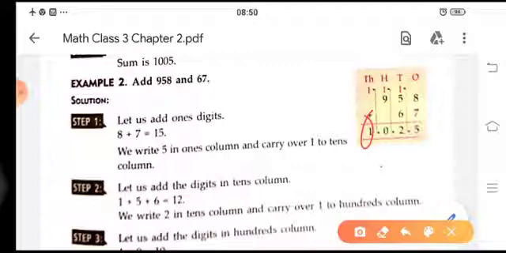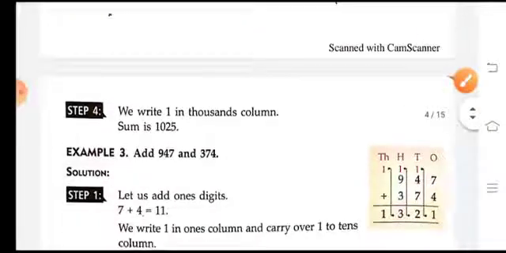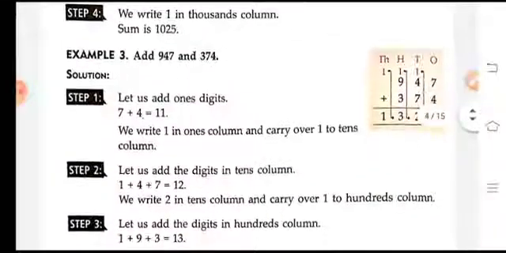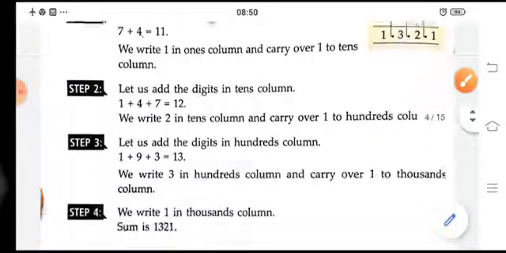So the number becomes 1025. Okay children, in this way do the other examples also, because the same pattern is followed over here also.